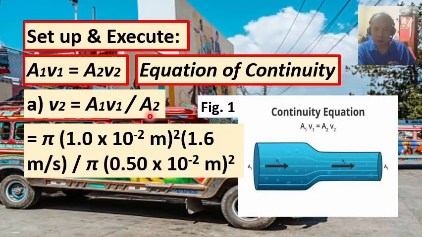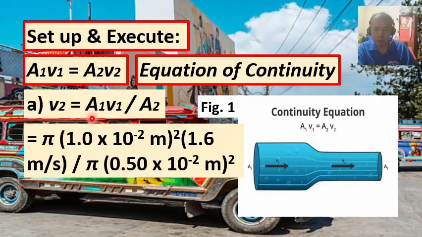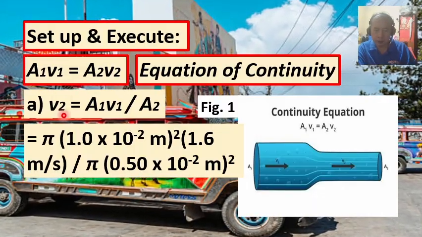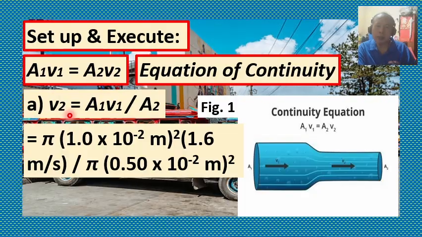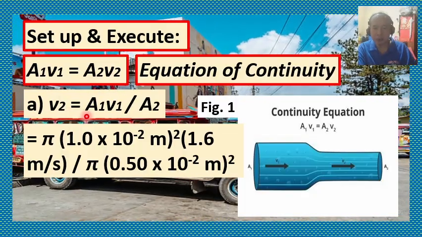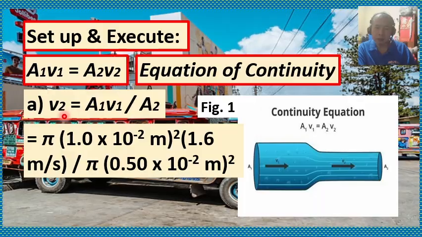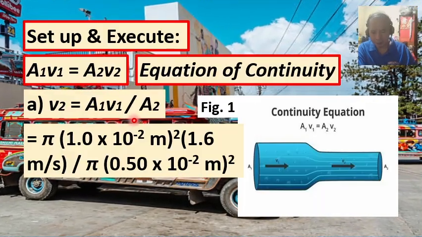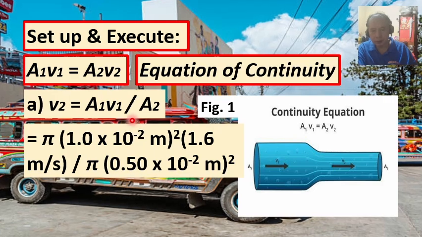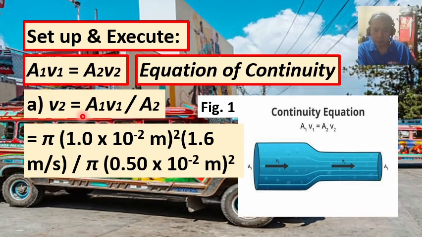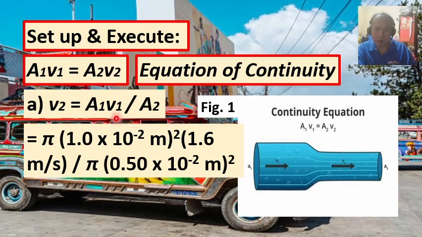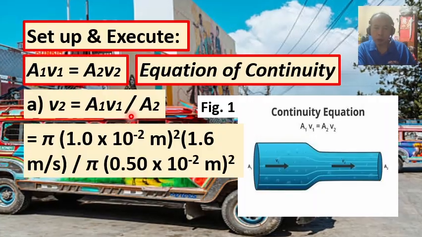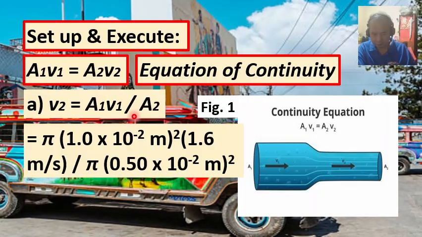So we can predict the value of V2, or how many times V2 is greater than V1, since V1, A sub 1 and A sub 2 are all given.